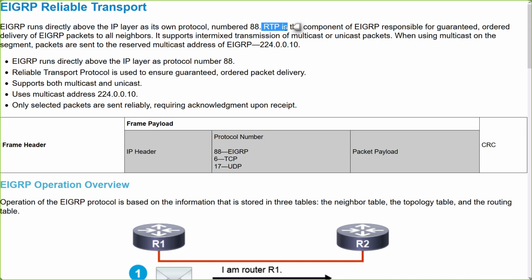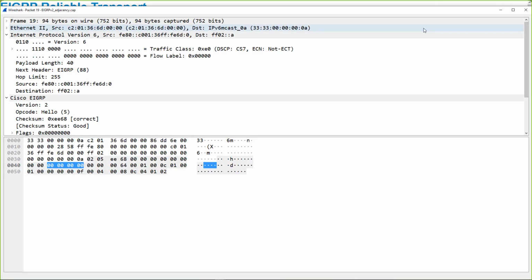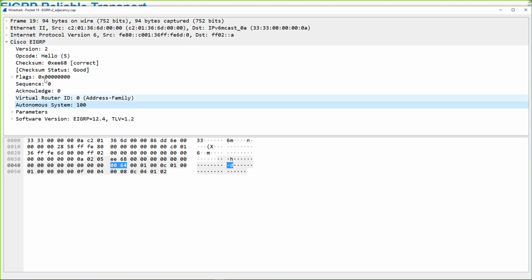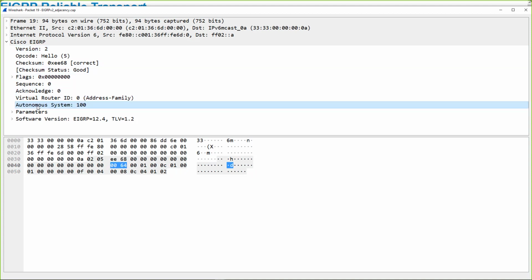All right. It also says EIGRP runs directly above the IP layer as protocol 88. That means that when you look at a packet capture for EIGRP, you're going to see a layer 2 header, a layer 3 header, and then your EIGRP packet header. The EIGRP packet header is consistent across both v4 and v6, and across every packet type.